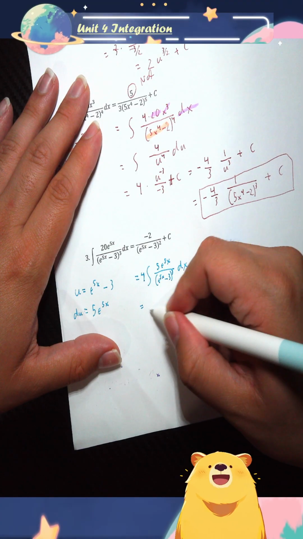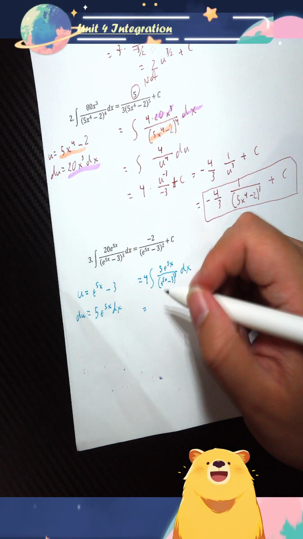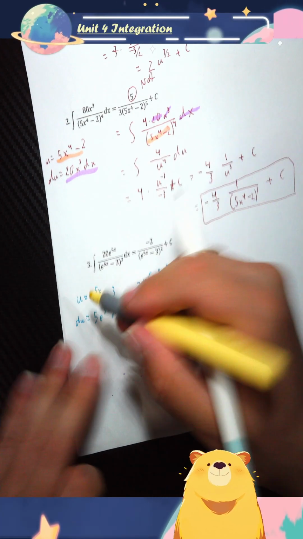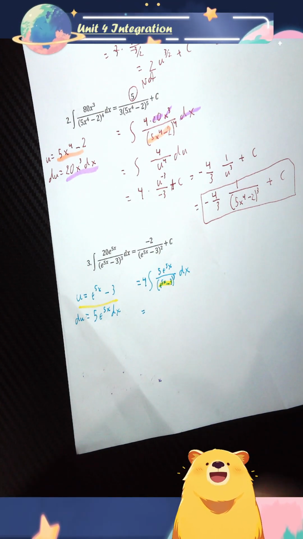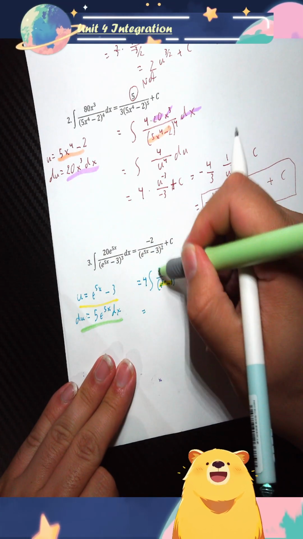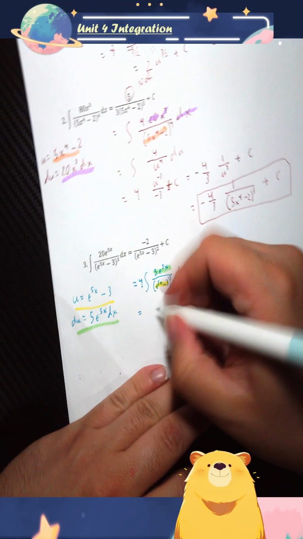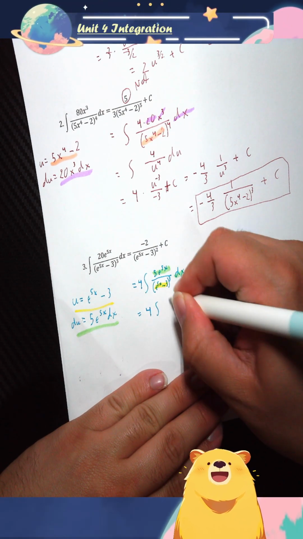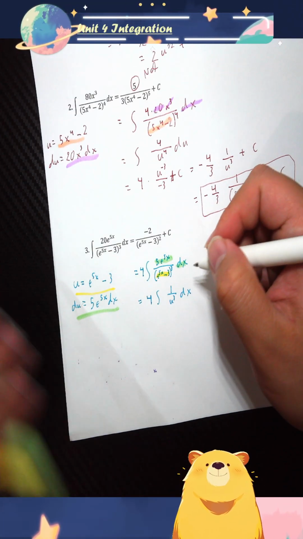I forgot dx here. This bottom part becomes u, and this top part with the dx becomes du. So we're left with 4 integral 1 over u to the power of 3 du.